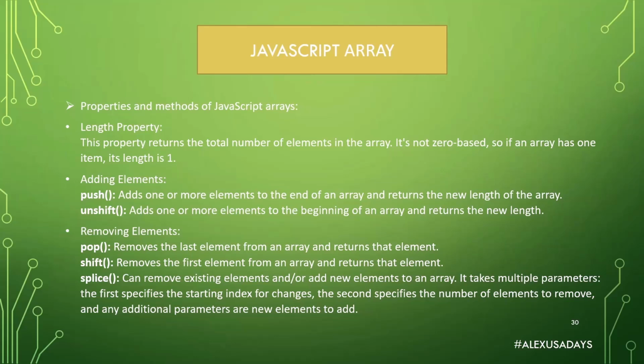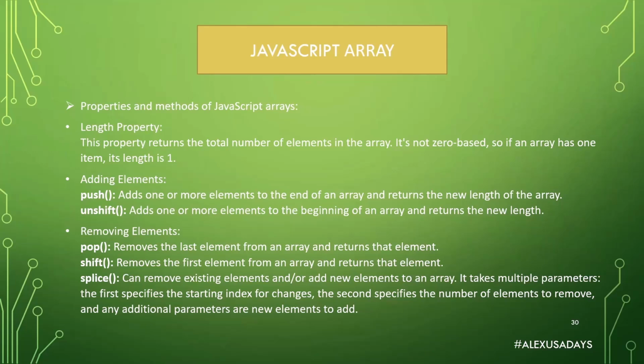You can remove elements by pop, which removes the last element from an array and returns that element. You can remove elements using shift, which removes the first element from an array and returns that element. You can also use splice, which can remove existing elements and or add new elements to an array.